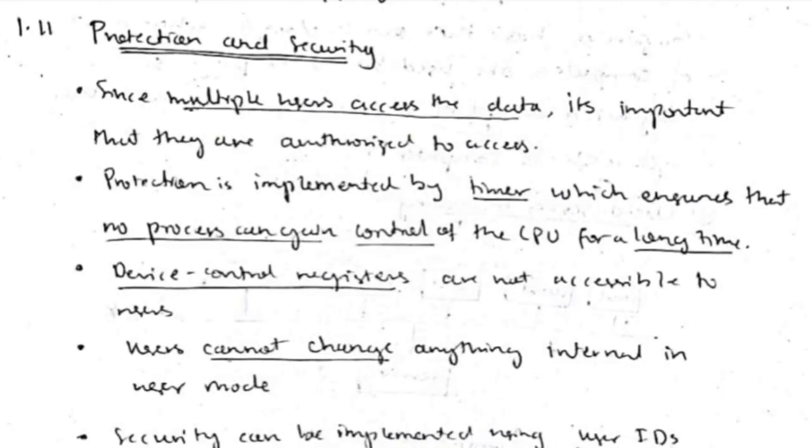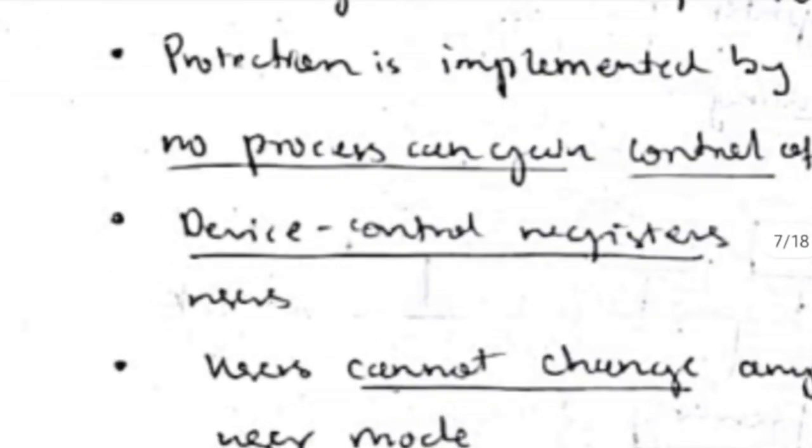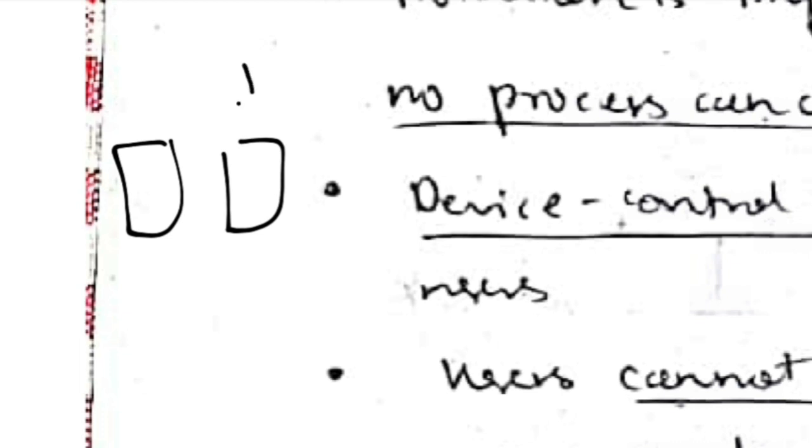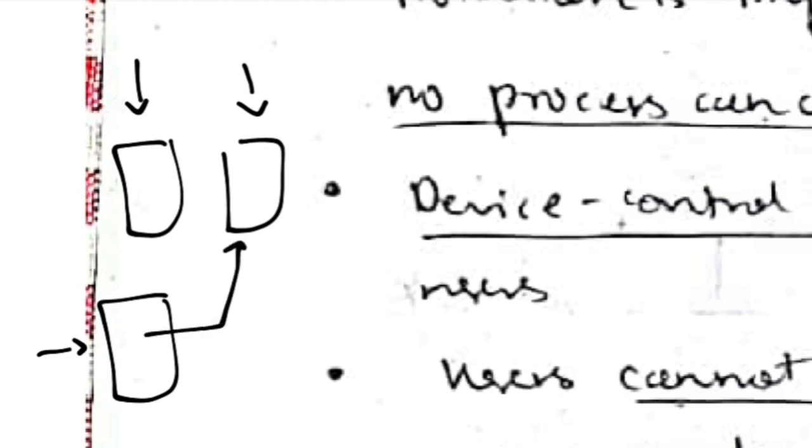Coming to protection and security, the main thing which you need to know is, see here, there are many processes going on simultaneously, like displaying the time and taking the inputs, and the other processes which are carried out by the CPU. So what happens is, sometimes a process needs the execution of another process.